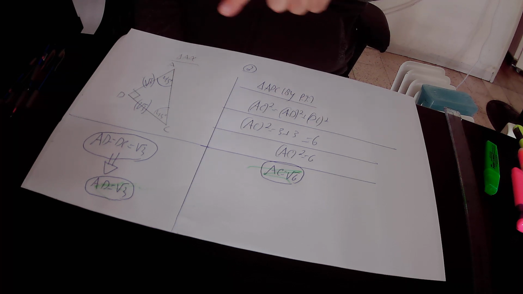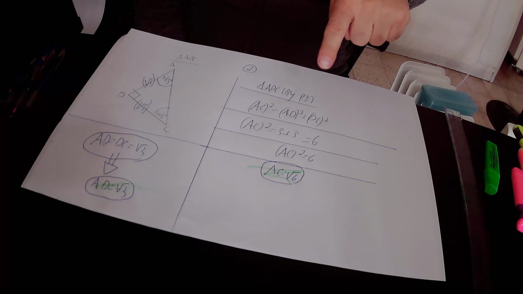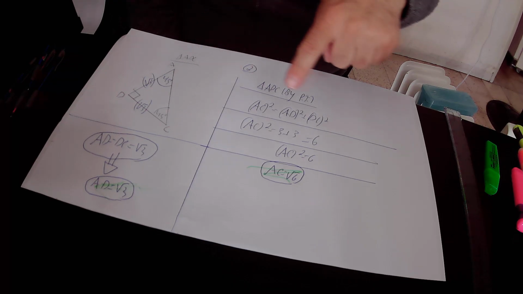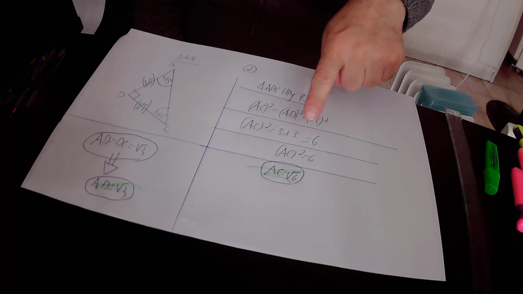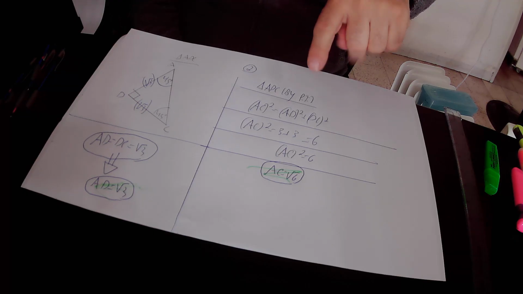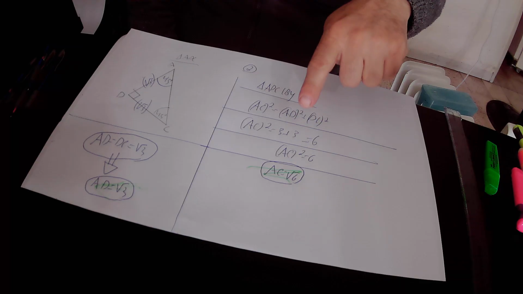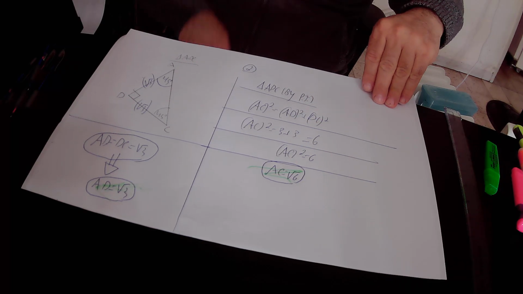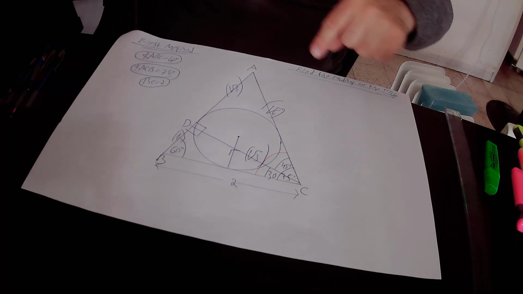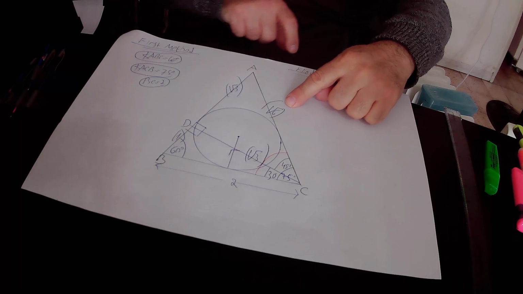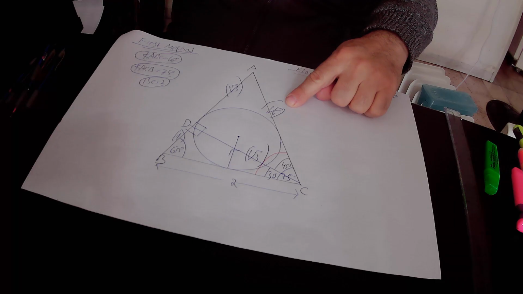DC is also square root of 3, therefore DC squared is equal to 3. So in total, AC squared equals 3 plus 3, that is 6. AC squared equals 6. We take the square root of this equation, and we find that AC equals the square root of 6 units in its length. Here, side AC of this triangle ABC equals the square root of 6 units in its length.